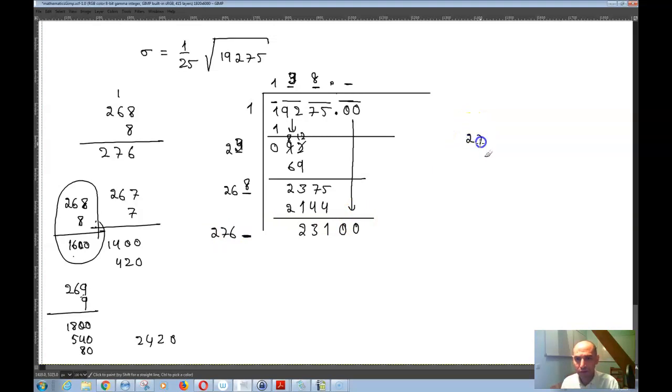So 2,768 times 8 gives you 16,000 there, 5,600 there, and 8 times 6 is equal to 480 and that's a 64.